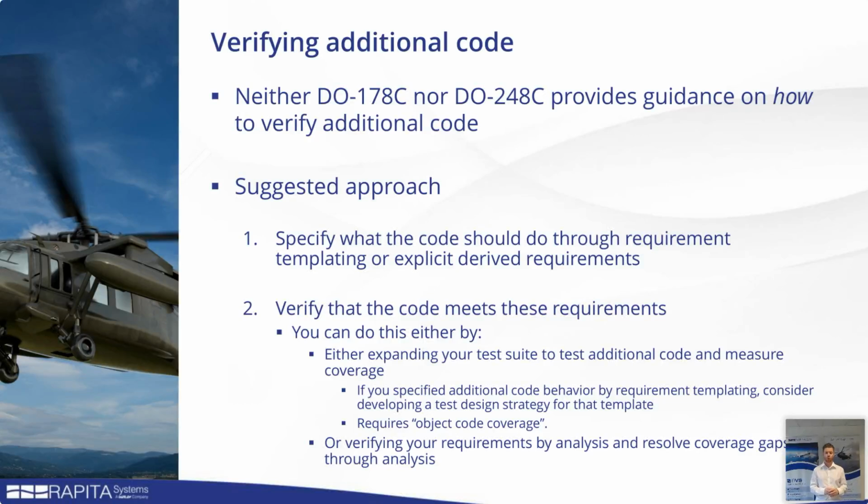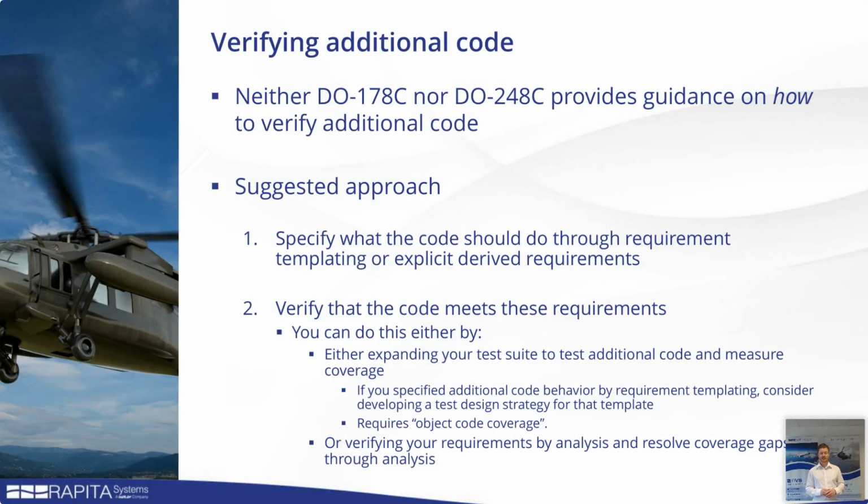So if you had a template for your low-level requirements that specified that there should be bounds checks on arrays, that will cause you to write tests that check an in-bounds array index operation followed by an out-of-bounds index operation. And therefore, you implicitly have test cases that are testing and verifying the additional code.